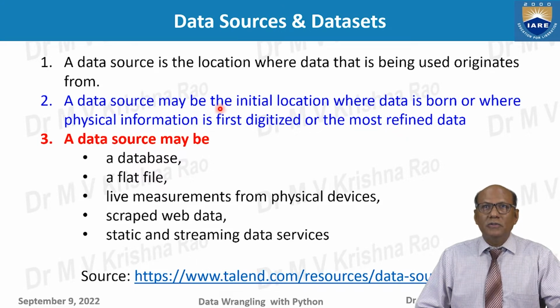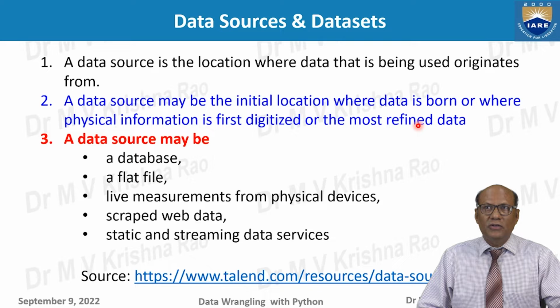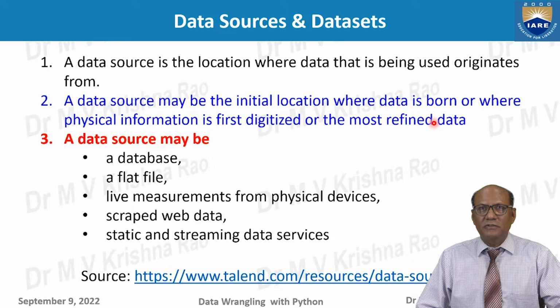So the data source can be at 3 places. One is the initial location, which is purely raw data, where it is first digitized. Then where it is totally refined, or probably you are applying some filters, some kind of algorithms to refine the data. Or it may be processed data, where you are doing some analysis and generating some new data out of that. So this new or refined data will be used for further purposes by somebody else.